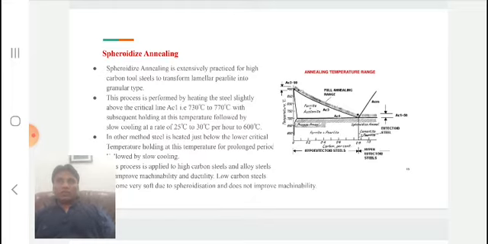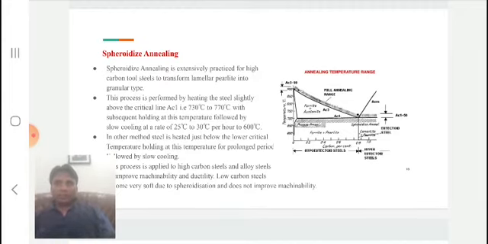This process is performed by heating the steel slightly above the critical line, that is 730 degrees to 770 degrees centigrade, with subsequent holding at this temperature, followed by slow cooling at a rate of 25 degrees centigrade to 30 degrees centigrade per hour to 600 degrees centigrade.